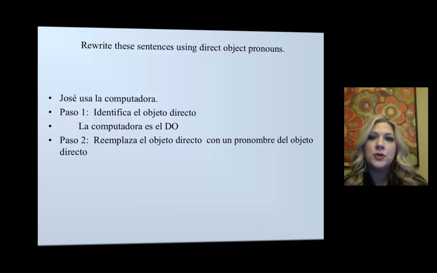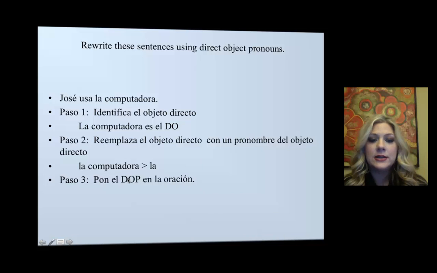Remember when we're talking about direct object pronouns, we're talking about me, te, lo, la, nos, los, las. We're going to replace la computadora with la. And then tercer paso es poner el DOP en la oración. So where does the DOP go? We have a conjugated verb, so it goes before the conjugated verb. José la usa. José uses it.